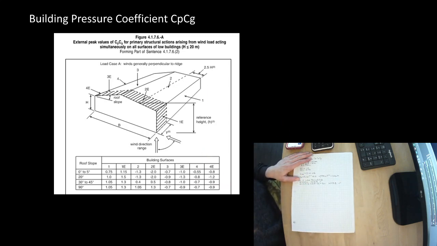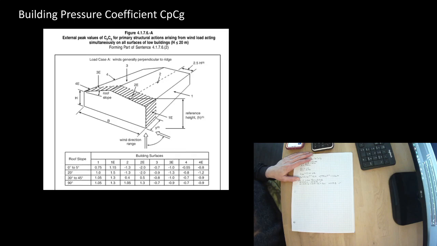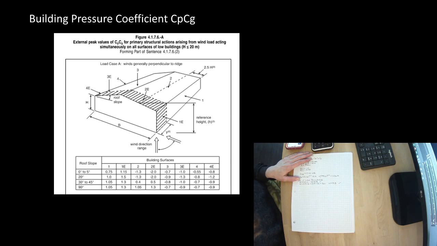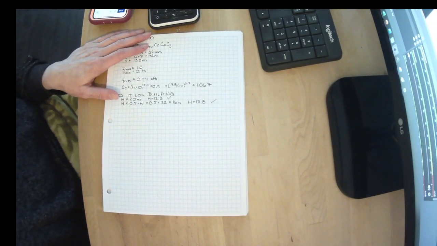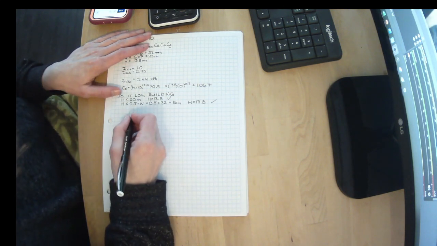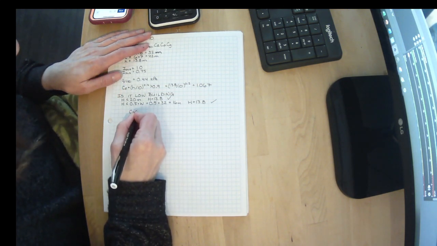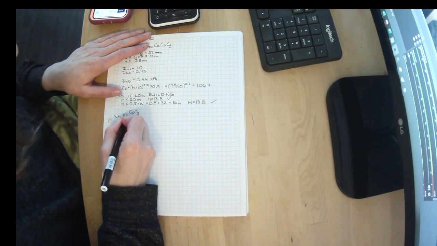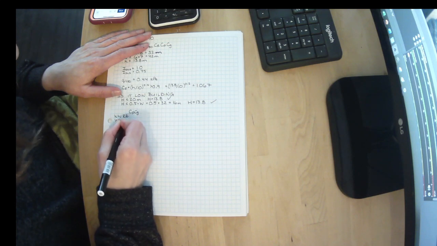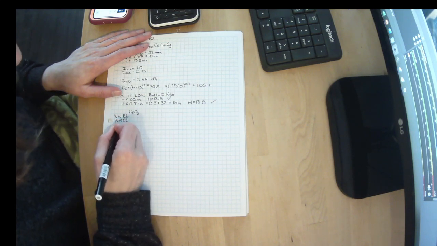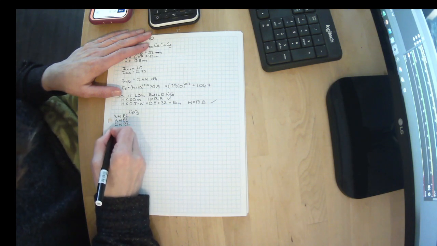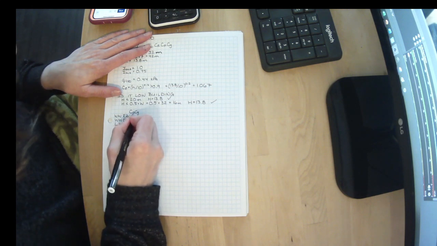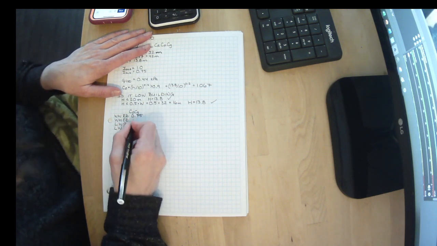So let's write out our CP/CG for windward regular zone, windward end zone, leeward regular zone, and leeward end zone. We pulled these right off of that table.